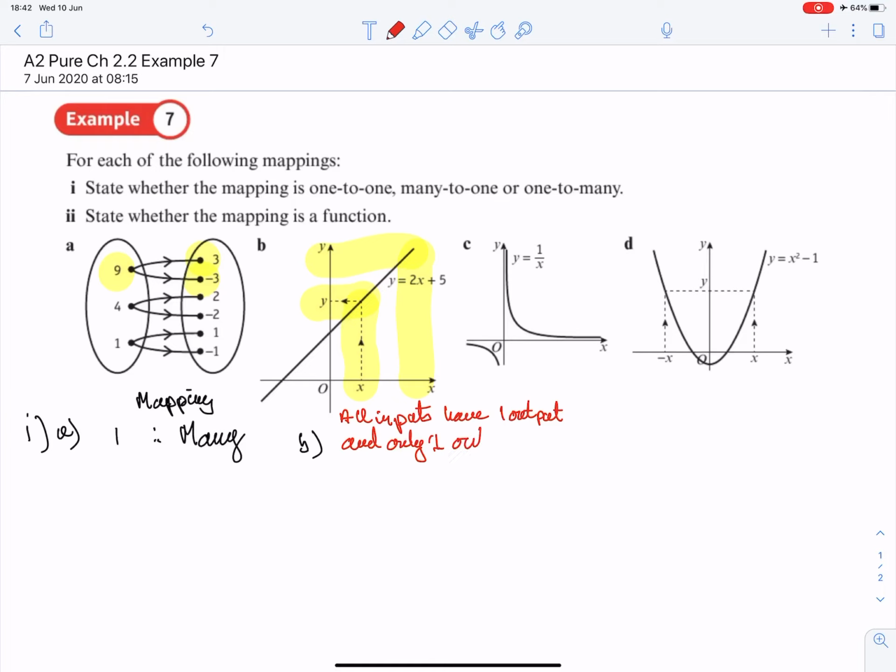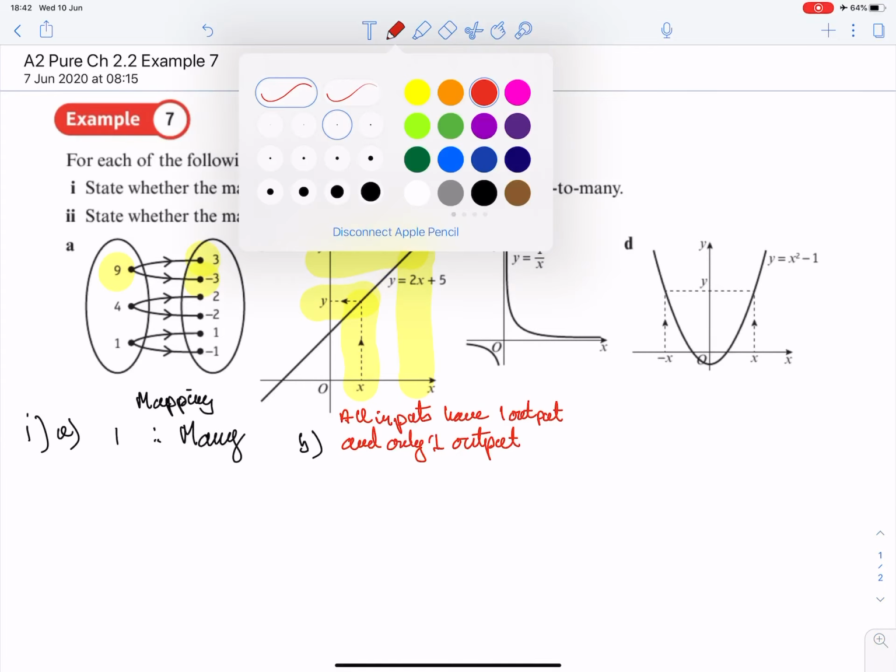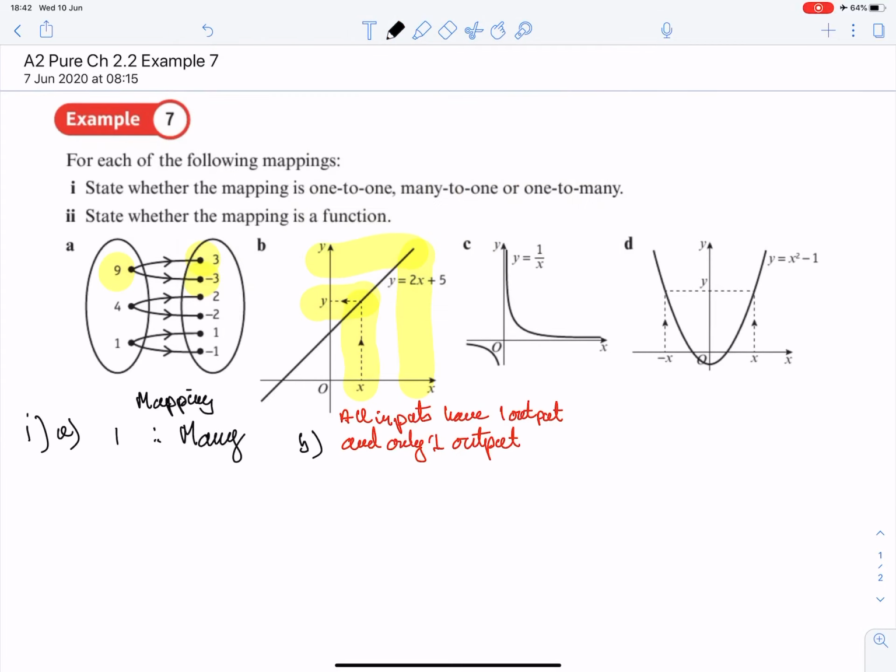So if each individual value gives only one output, that's going to be a one-to-one mapping.